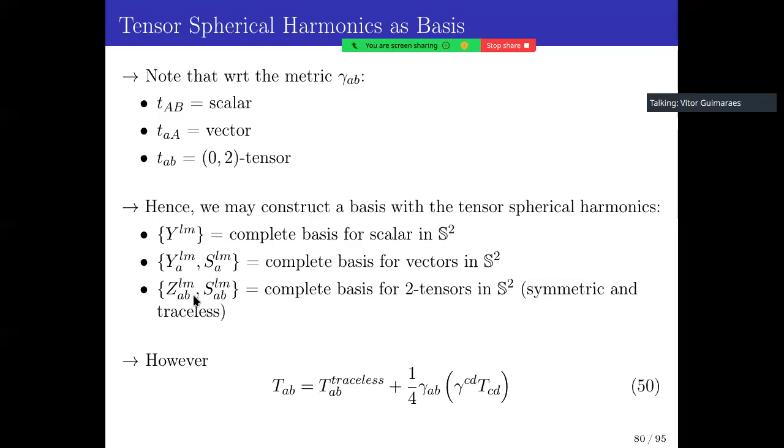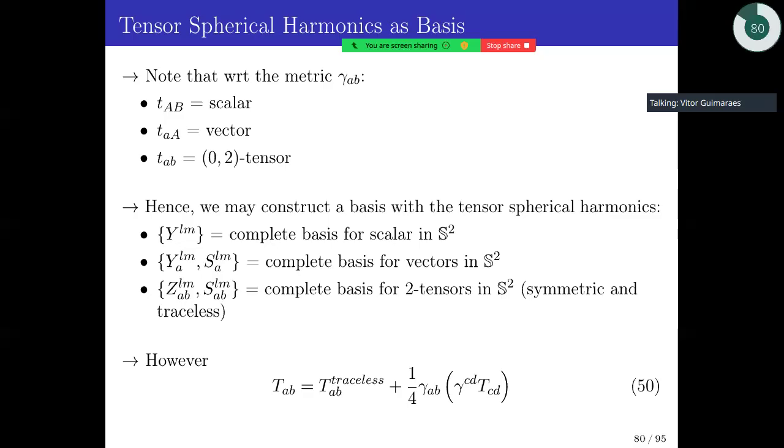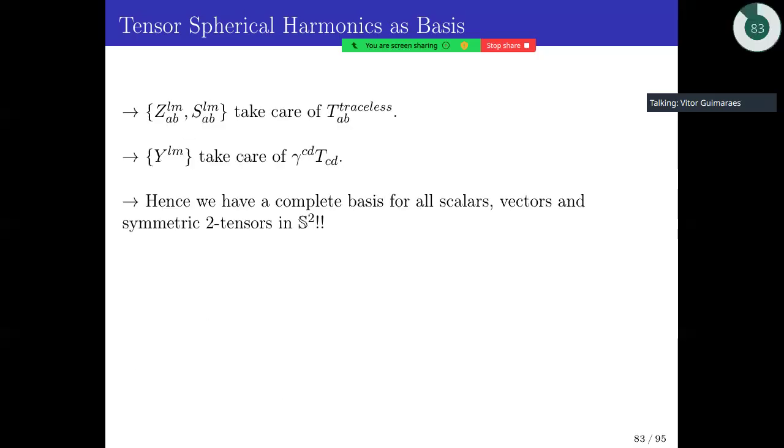So this will take care of the traceless part, this will take care of the trace part, in such a way that we have a complete basis for all scalars, vectors, and symmetric two-tensors, traceless or not. All these sets together form a complete basis for any scalar, vector or symmetric two-tensor in S2. Okay.